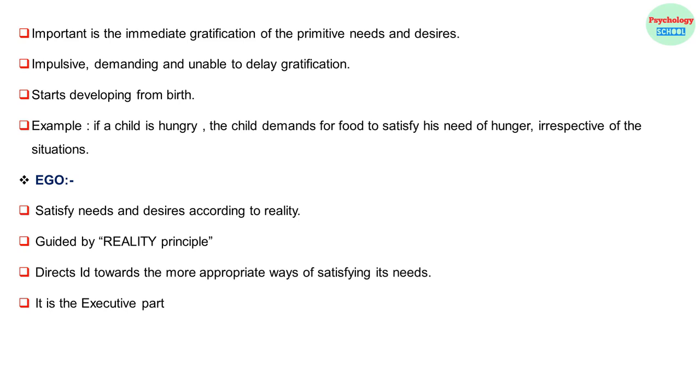Now ego directs the id towards more appropriate ways of behaving and satisfying its need. So ego is the executive part of the mind which controls and directs the id in selecting and deciding what needs have to be satisfied and in which way these needs are to be satisfied.